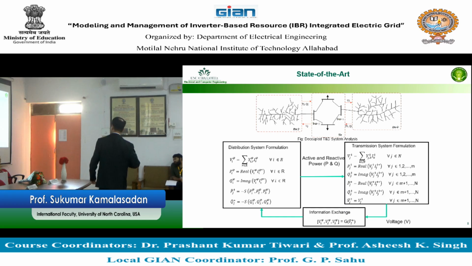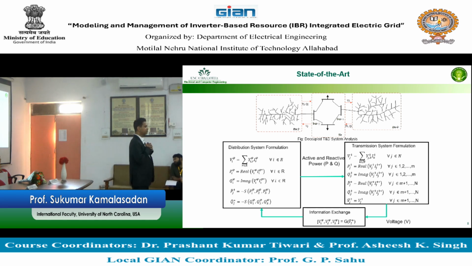Output of the distribution system power flow will be active and reactive power from the substation. Take that active and reactive power from the substation, and put this as the load in the transmission network. This is the load that is connected to the transmission. Then you run the transmission system. Are you following this?